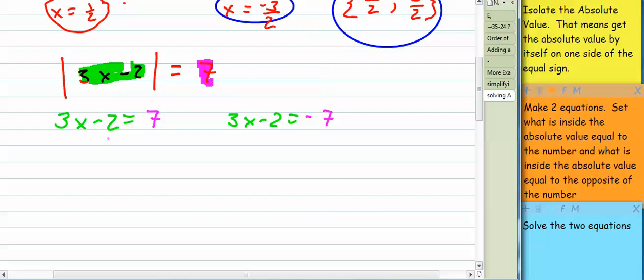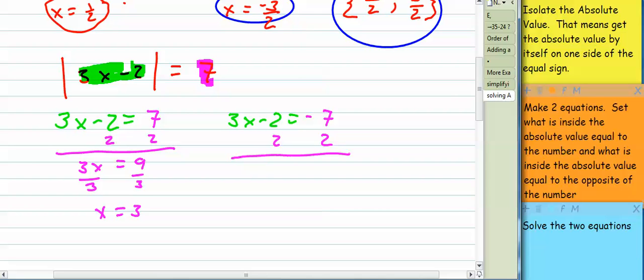And then we solve. Add 2, 3x equals 9, divide by 3, x equals 3, one solution. We add 2, 3x equals negative 5, we divide by 3, and x equals negative 5/3. Our solution then is 3 and negative 5/3.